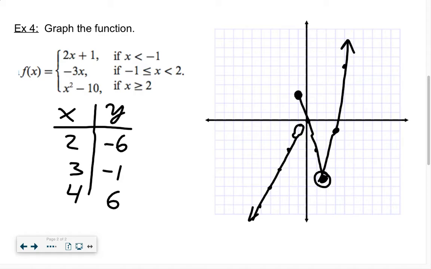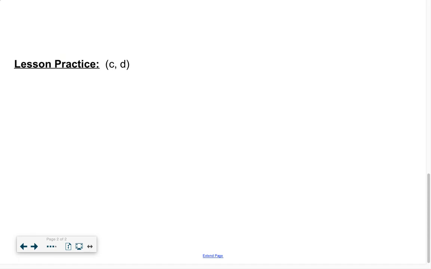Same reason why we didn't graph the rest of this line, same reason why we chopped it off there, and so forth. Getting the idea? It all depends on what that x is. Okay, which pen is it going to go into? We're going to take a look at C and D, but we're also going to do B as well.